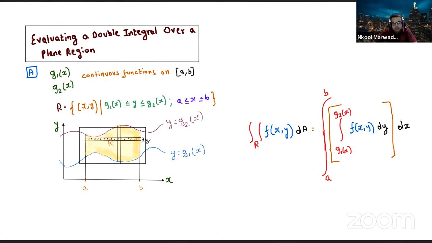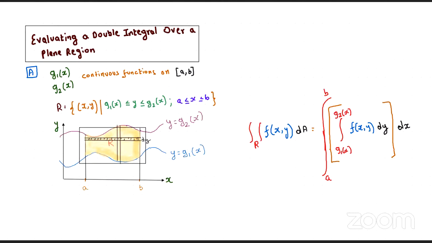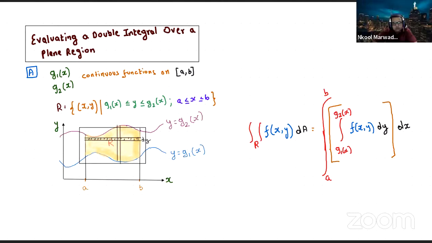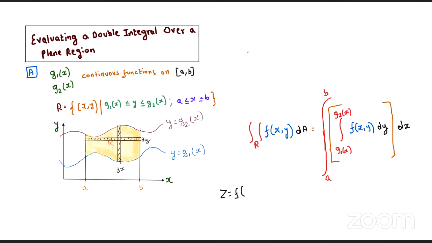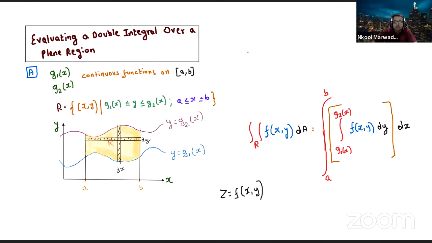This is the main idea. We are doing this especially to calculate the area. When you are trying to calculate the volume, we will have a function like z is equal to f of x comma y. We will discuss later how to calculate the volume.